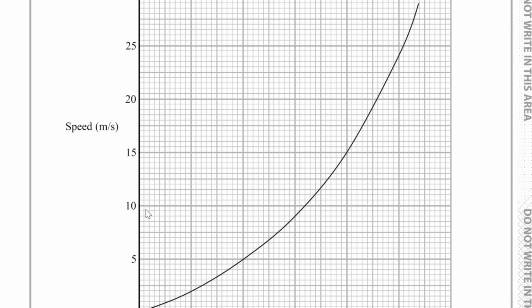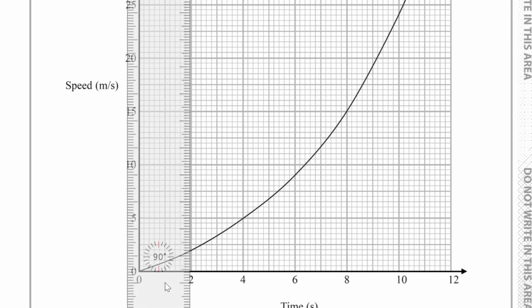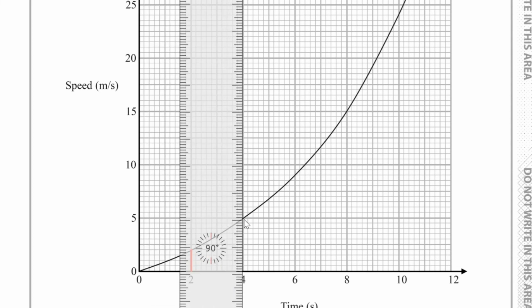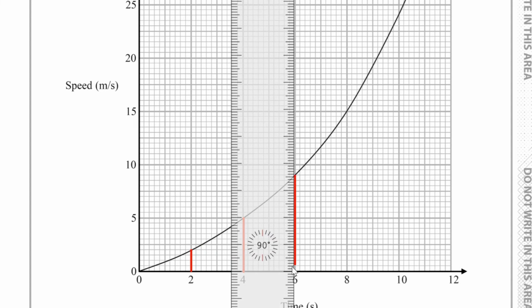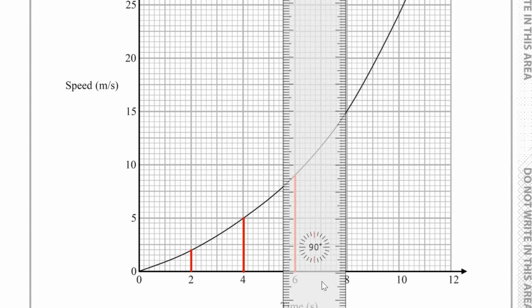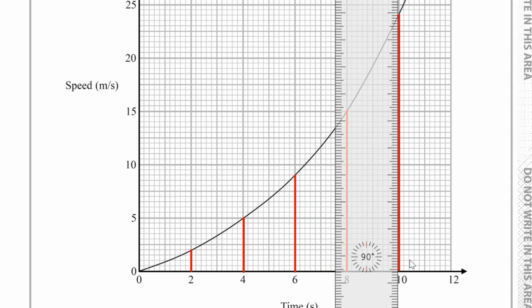So if we use 5 strips of equal width, well, here we're going to have 2. Here we've got 4. Then we've got 6 here. So we've got 1, 2, 3 so far, 4 strips. And then we've got the 5th strip, as we see here.